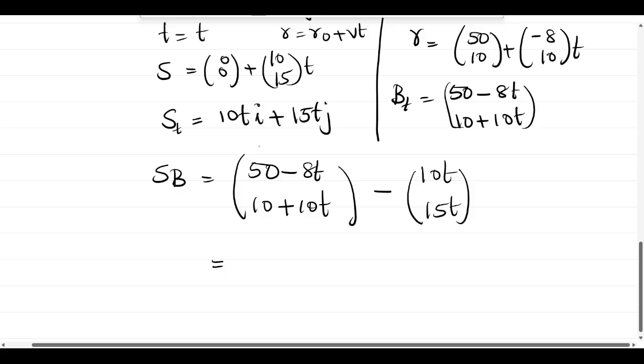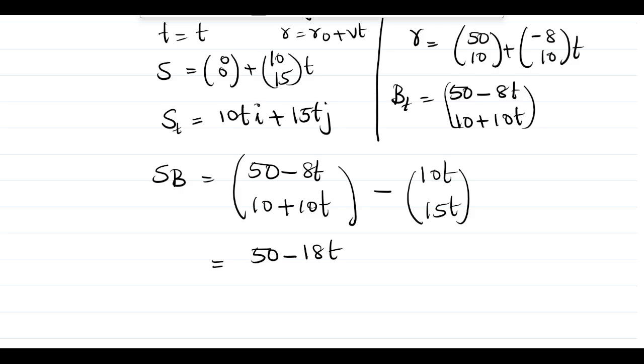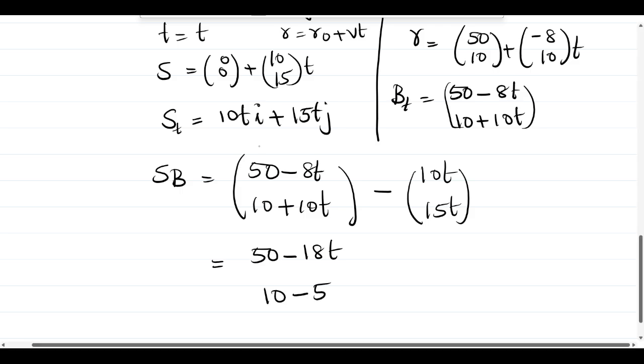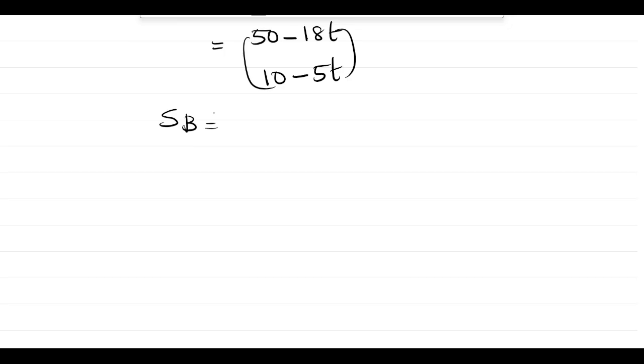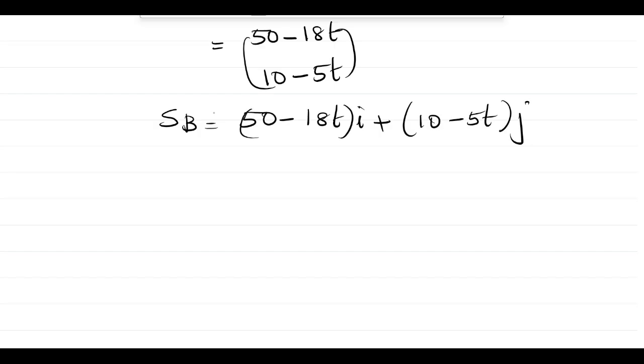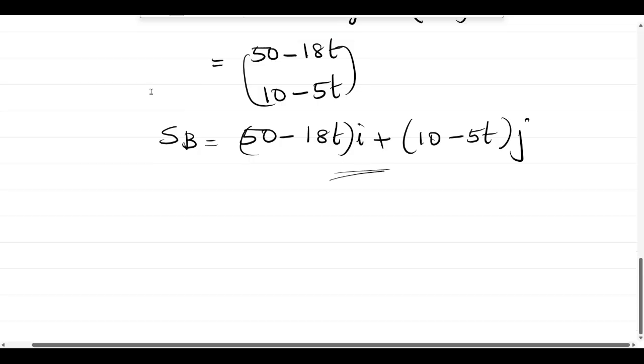So 50 minus 18t, 10 minus 5t. Let's write the answer in i j form. So SB equals 50 minus 18t into i plus 10 minus 5t into j. This is the second part of the question.